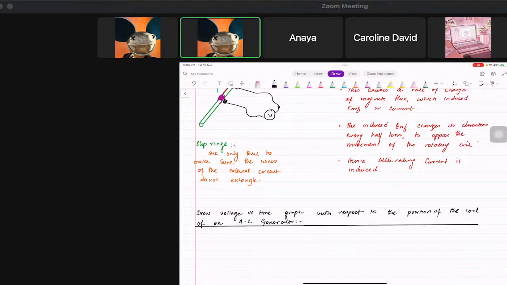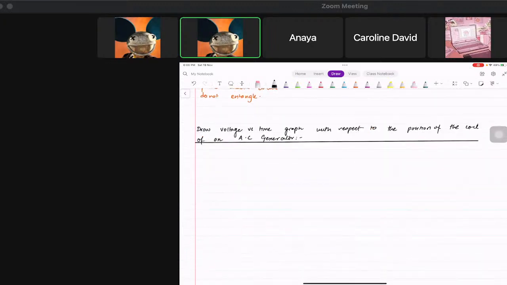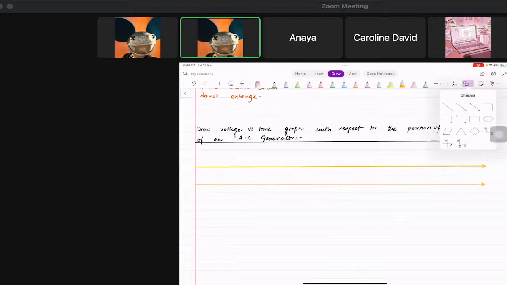Okay, so first of all we're going to make a big field. So let's suppose this is the field, and this is north and this is south, of course, like that.